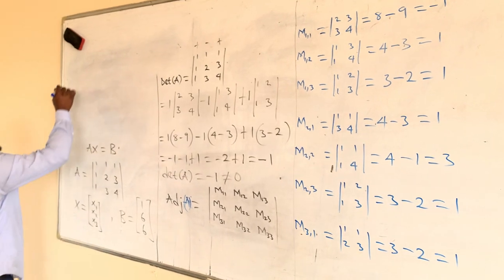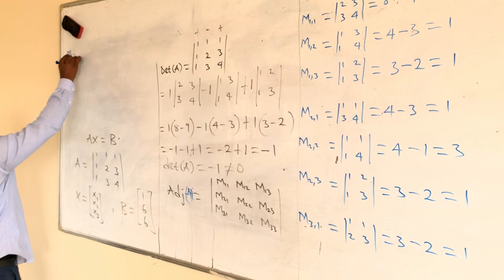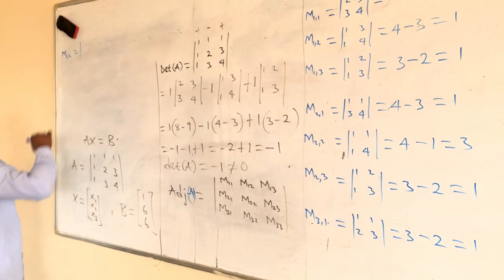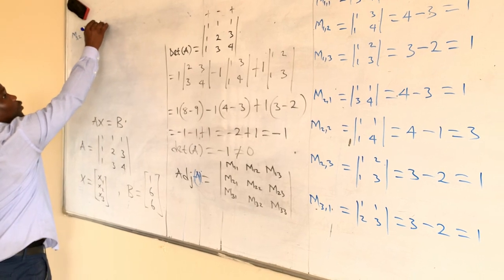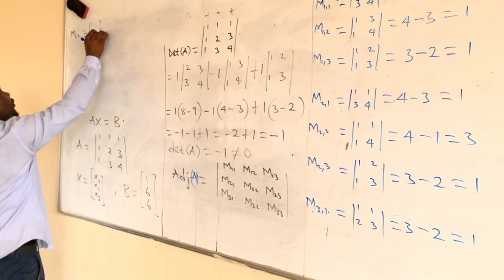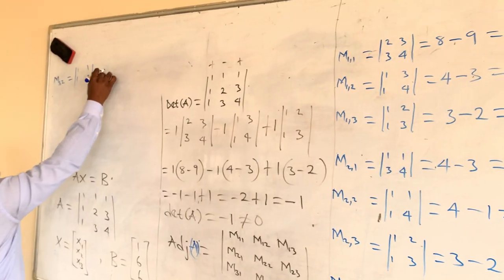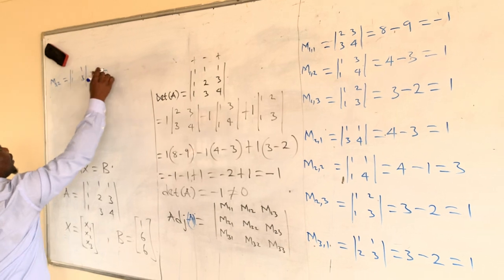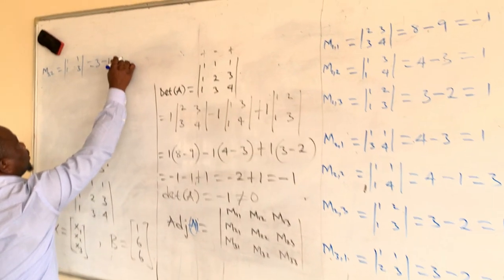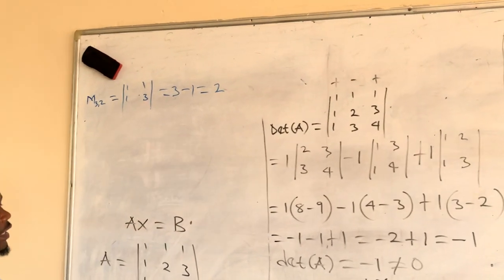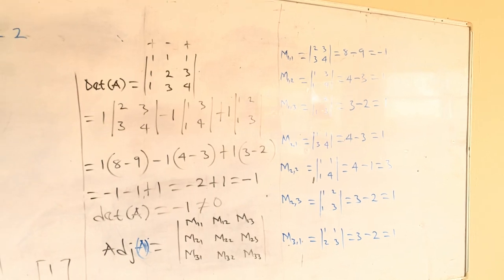So our M3,2 is equal to 1, 1, 1, 3. Are you following? This is equal to 3 times 1, which is 3, minus 1 times 1, which is 1. This is equal to plus 2.